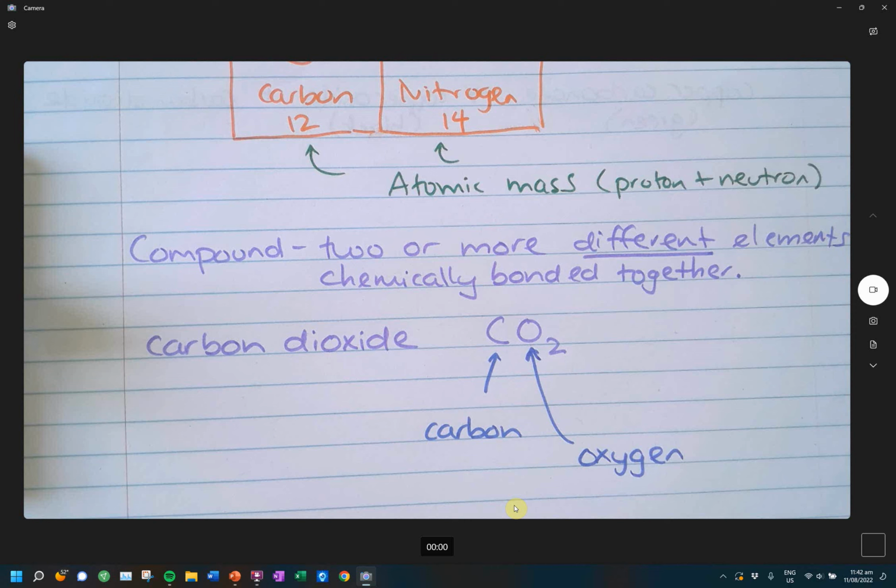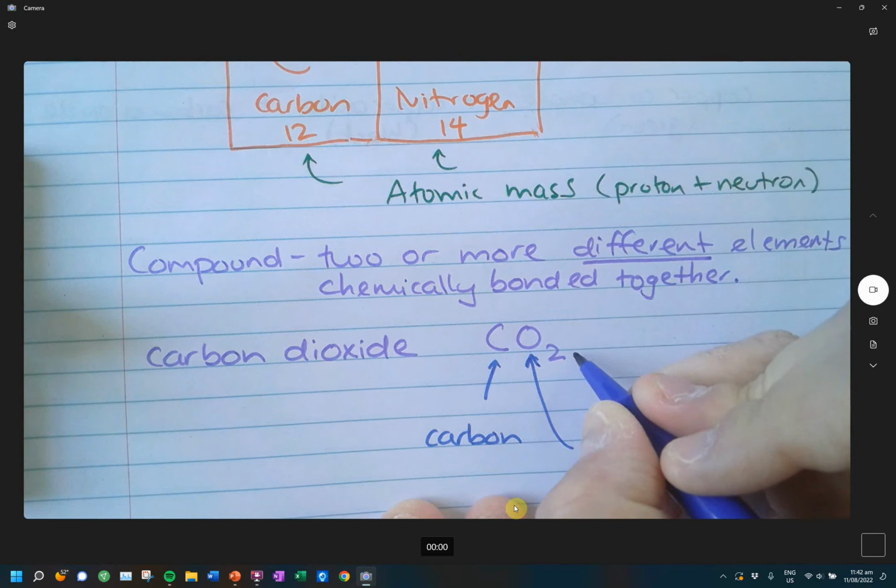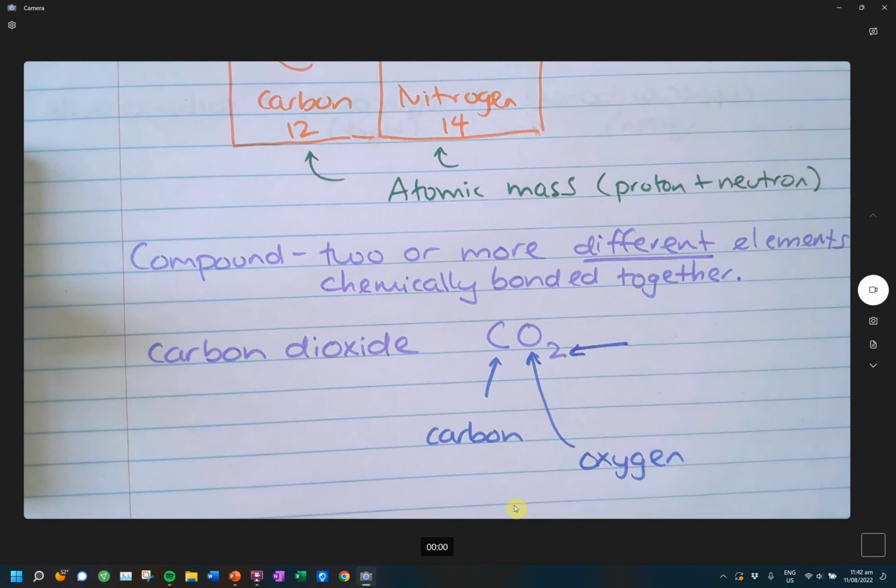And the last thing I want to show you, and this is going to be number 4 of our criteria, understanding what the symbols mean. You see how there's a small 2 behind the O? Yeah. That means that there are 2 atoms of oxygen.